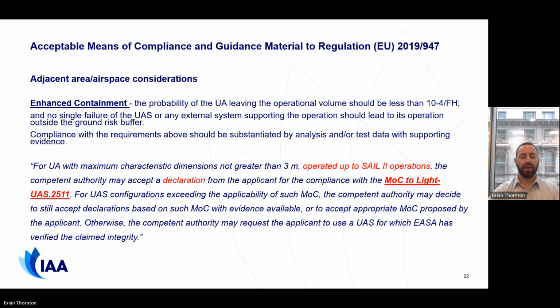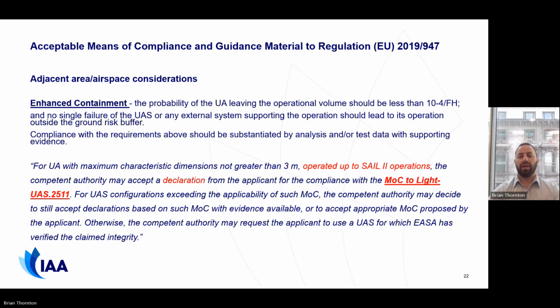What do we mean by the definition of enhanced containment? The probability of the UA leaving the operational volume should be less than 10 to the minus 4 per flight hour, and no single failure of the UAS or any external system supporting the operation should lead to its operation outside the ground risk buffer. Compliance with the requirements above should be substantiated by analysis and/or tests with evidence.